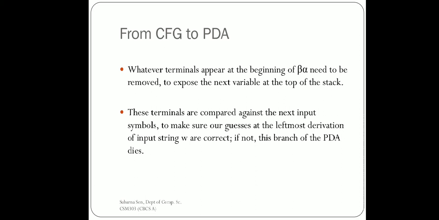If it does not match, we are on a wrong path, we have to discard it and move to another path. If it matches, then only we can stay on this path, meaning we are on the right track; otherwise that string will not get accepted by the PDA, right? So we have to keep this in mind.